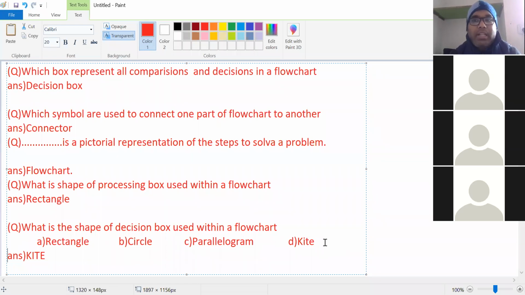You do not have the option to write. Just choose your answer. Means the exam pattern is multiple choice questions, right? So multiple options will be given. Out of those options, which one is the correct answer? You have to just select that answer. So at that time you have to select this kite. Okay?